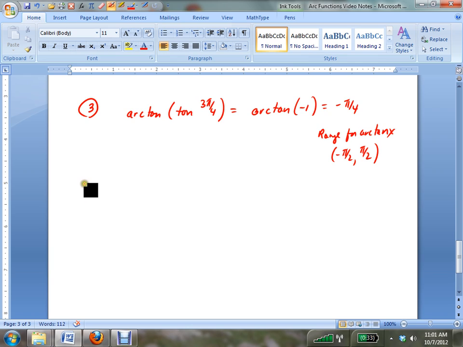One last problem, and this is one where we cannot find the exact value, and so we're going to use drawing a triangle to help us solve it. Let's do the arcsine of the cosine of x over x plus 1.